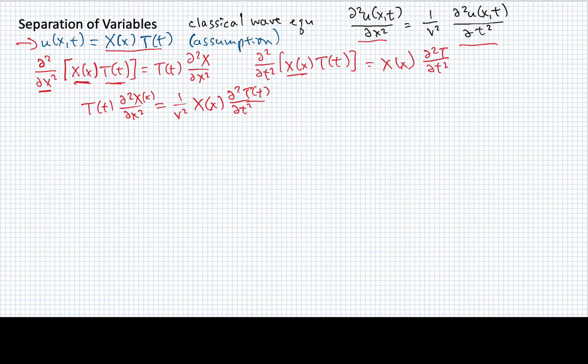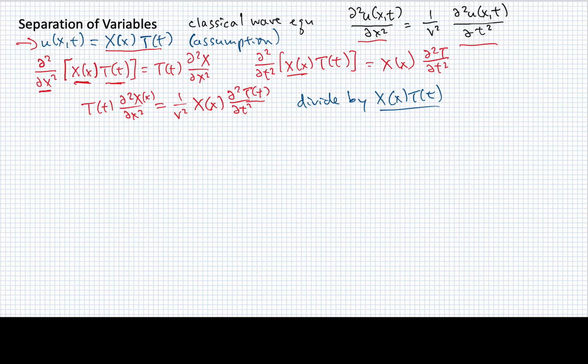All right, so in this way I have rewritten the classical wave equation, but now for a particular possibility for my solution that is a product of a part that depends only on x and a part that depends only on t. Now what I want to do is take this new version and divide by this product of functions. So if I divide both sides by this product, what will I get?